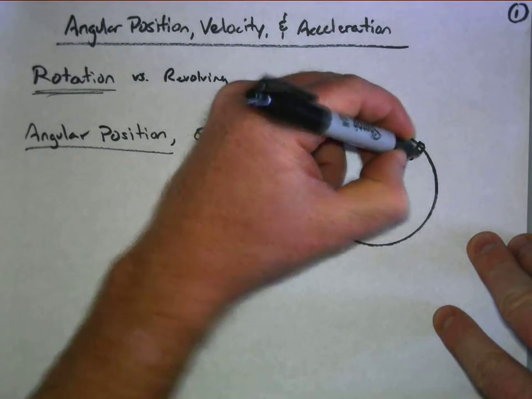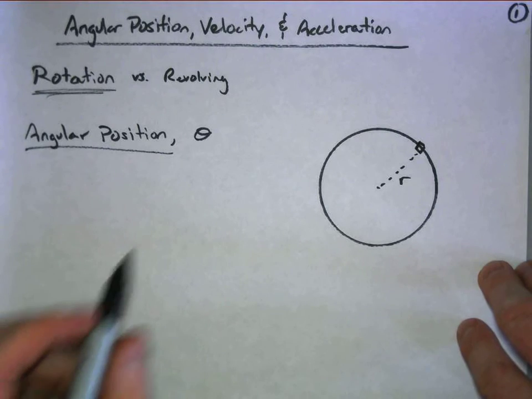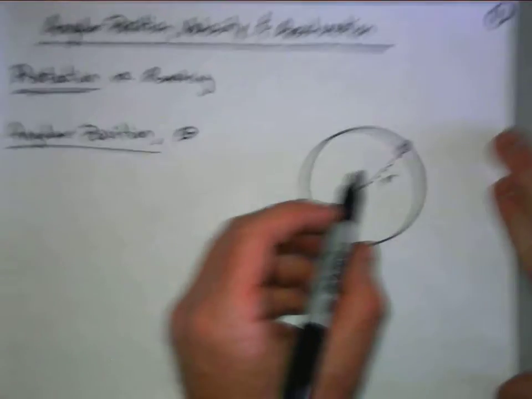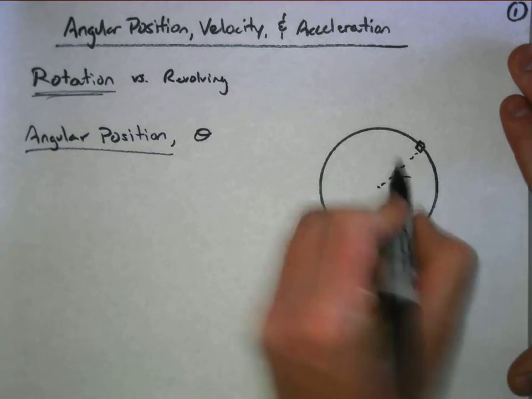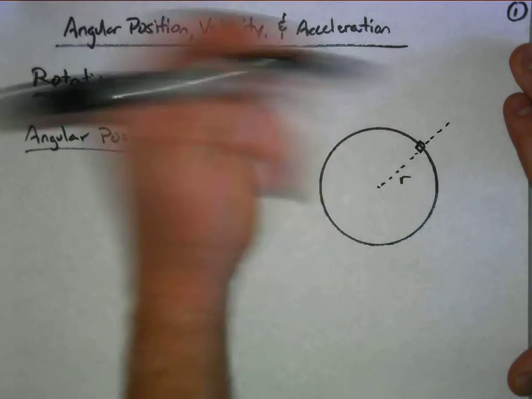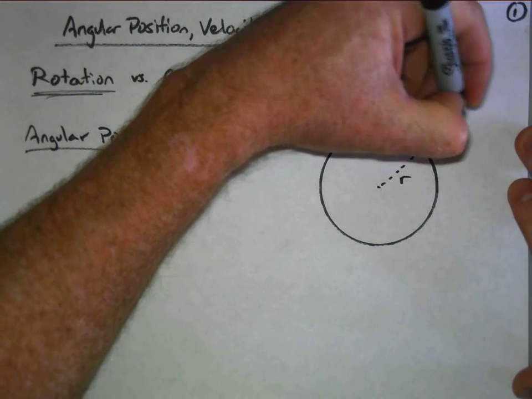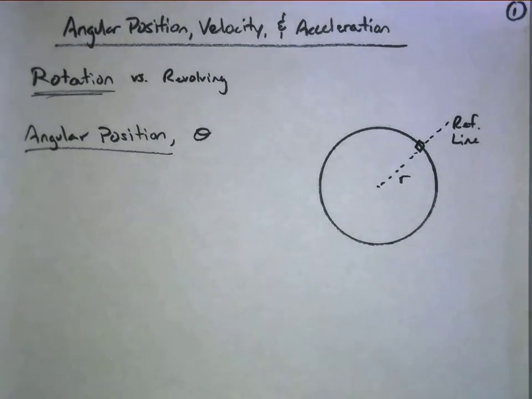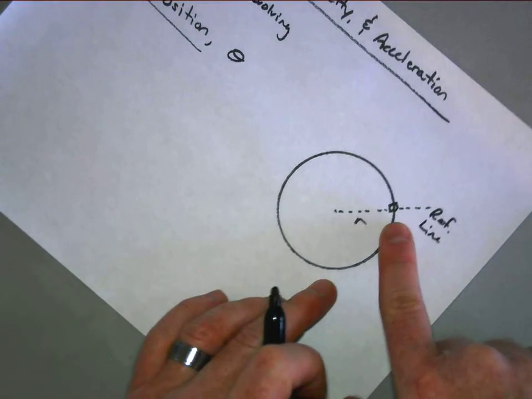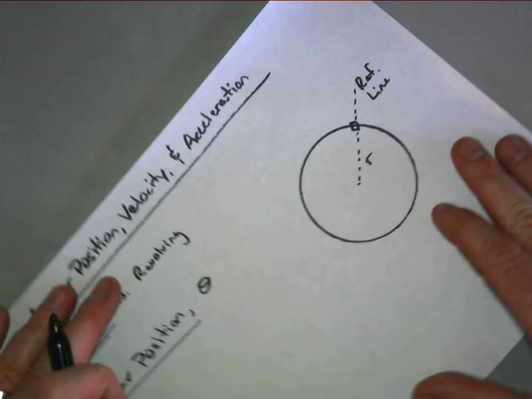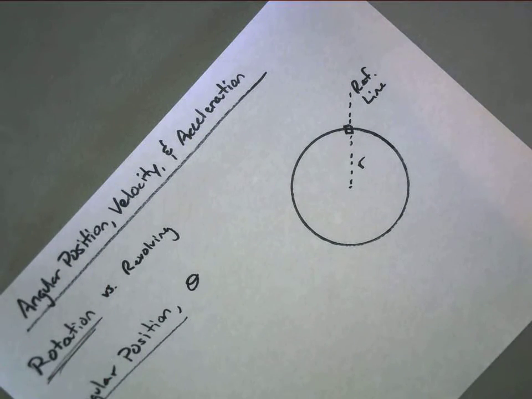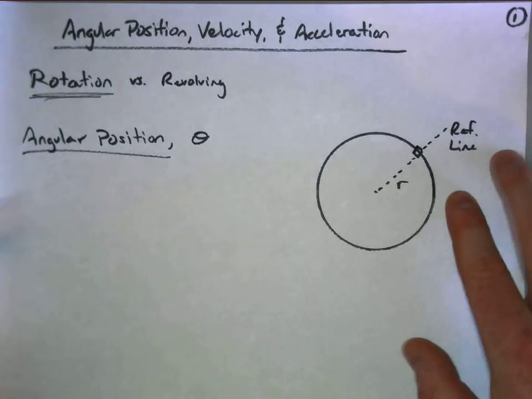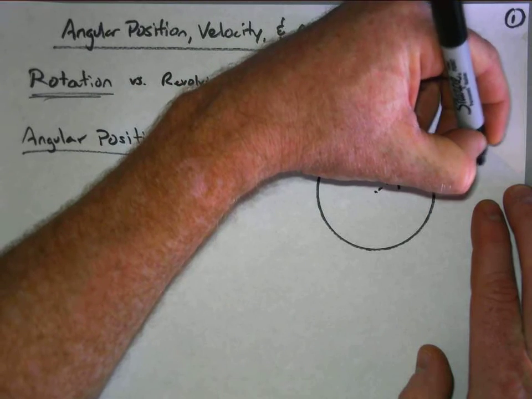There is, of course, a radius to this wheel, and what we can say then is, well, this spot right here is starting in this location. So we have a reference line, and that reference line is essentially just a starting point. That's all it is, and it can be anywhere we want. We could look at it with the reference line horizontal, and that's no big deal. We could look at it with the reference line vertical. It's essentially an arbitrary starting point where the angular position, where theta would be 0, is at that reference line.